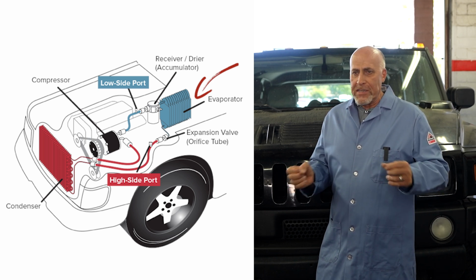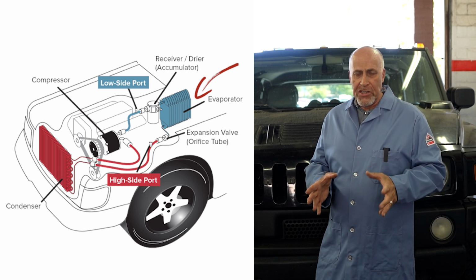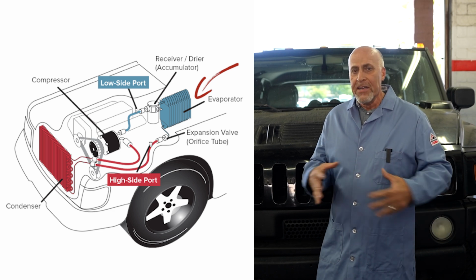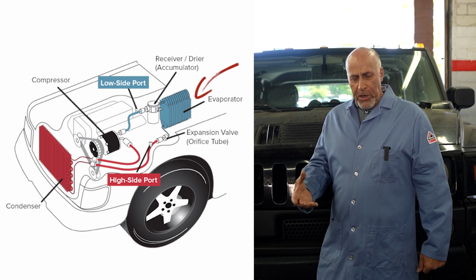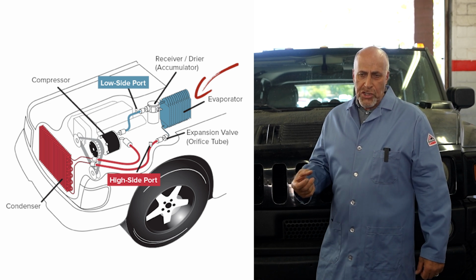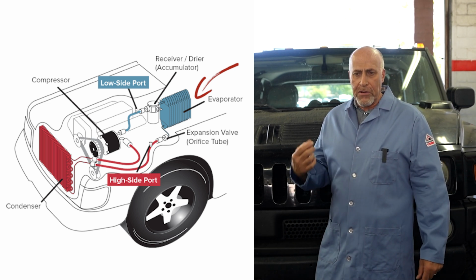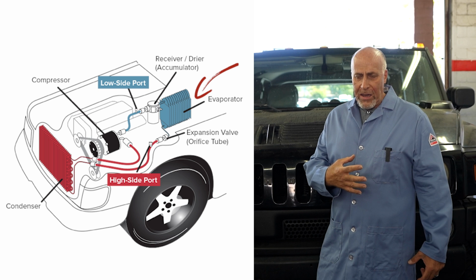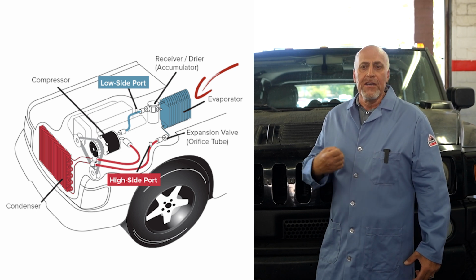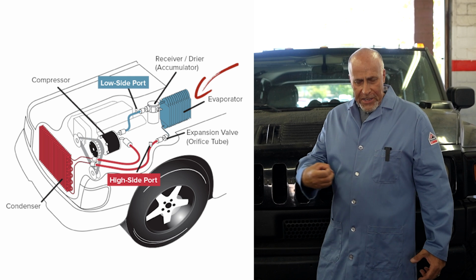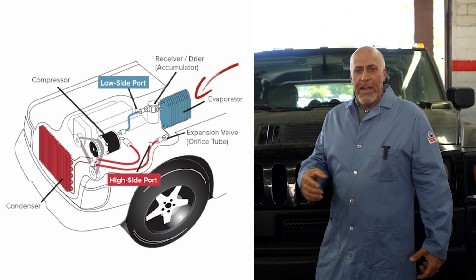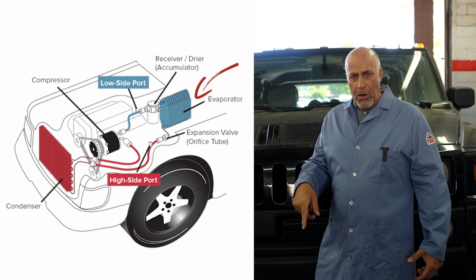There is no refrigerant that comes out of the vents. Again, this is a sealed system and the refrigerant is contained inside the system. As I said a moment ago, part of the evaporator's job is to dehumidify the interior of the car. So while cold air is blowing through the vents, warm, humid air is getting sucked into the evaporator and drained out of the car, out of the system.